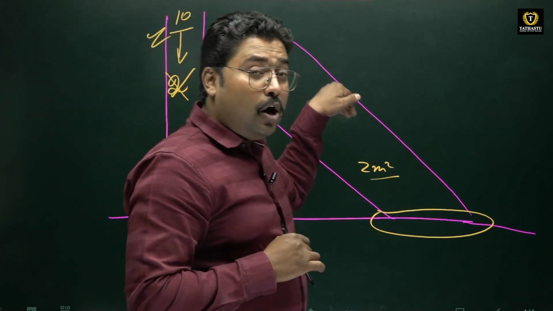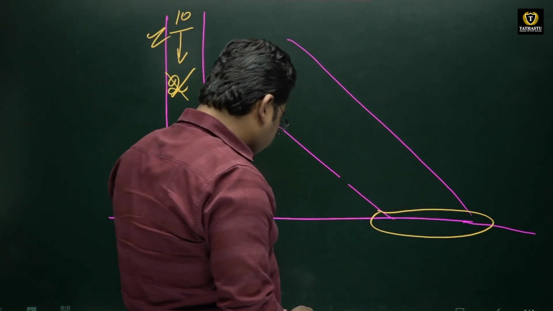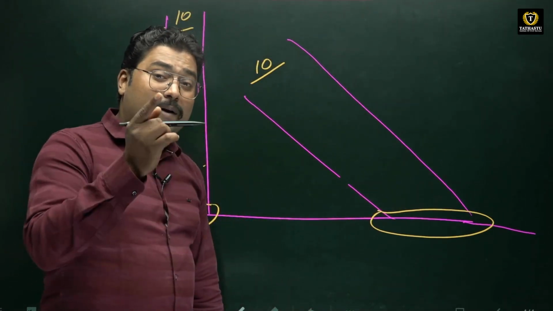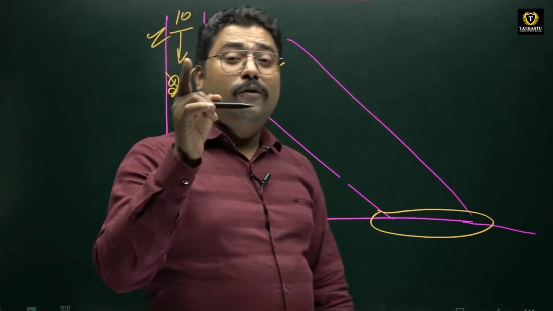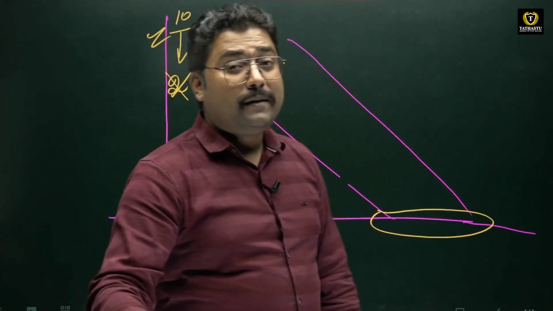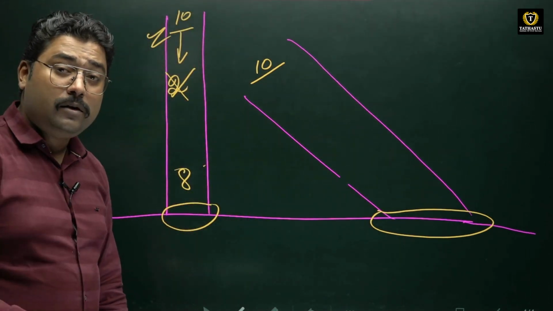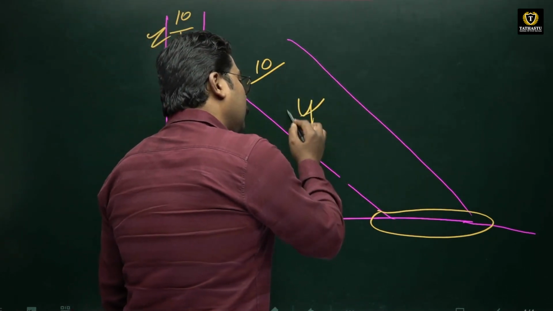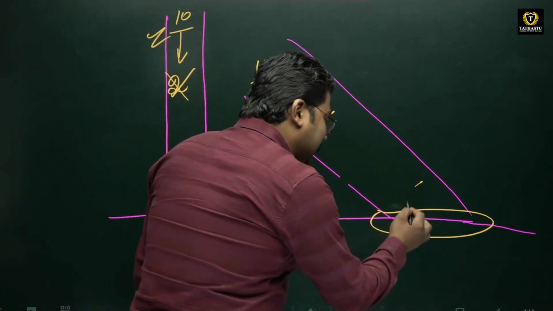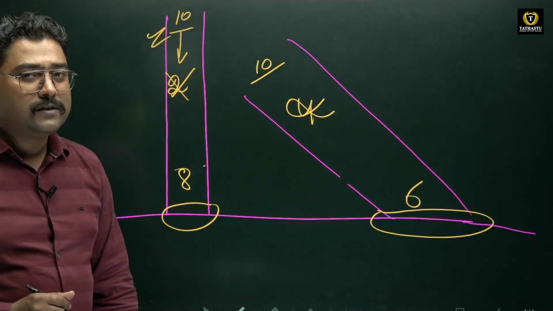Now for the oblique rays, the distance has become double. When the distance is double, the amount of water vapor, particulate matter, clouds and gases also becomes double. So the loss of energy will also be double. Ultimately 6 units of energy are received by the surface.